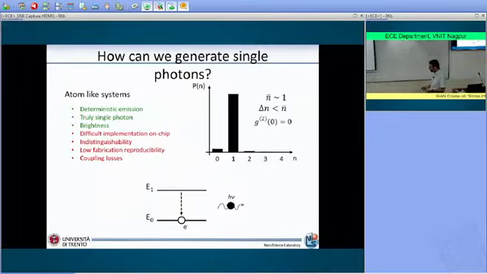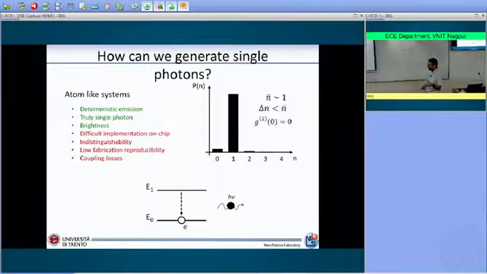So the ideal situation is where we are considering, for example, an isolated quantum dot, or an isolated defect. Okay? Therefore, what we are doing is trying to isolate single quantum dots, single defects, in order to get a single photon emitted.